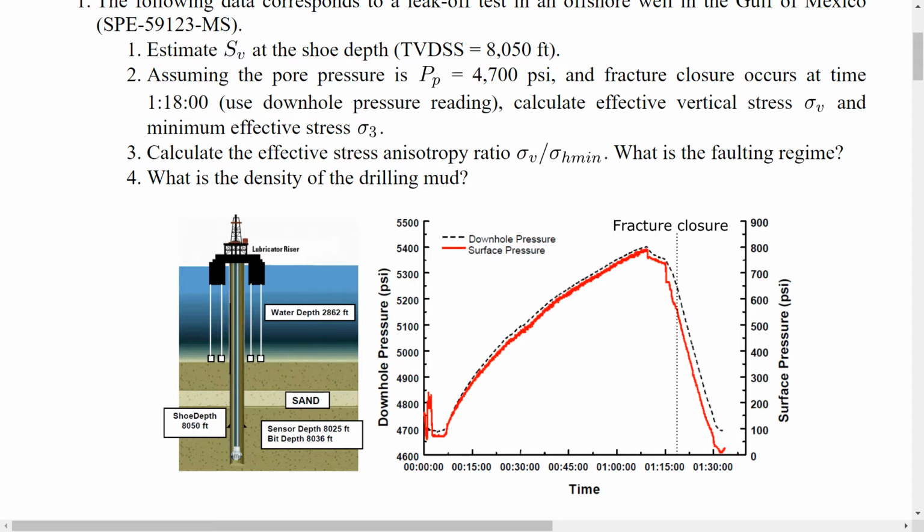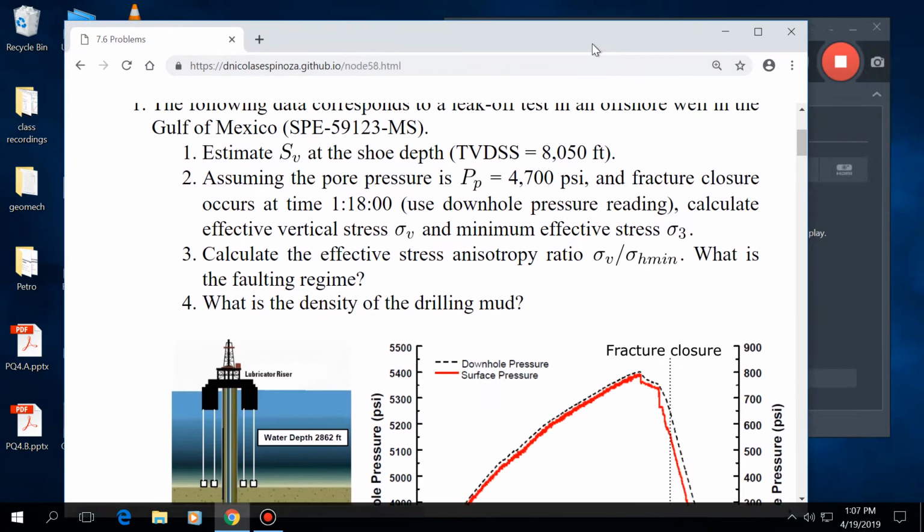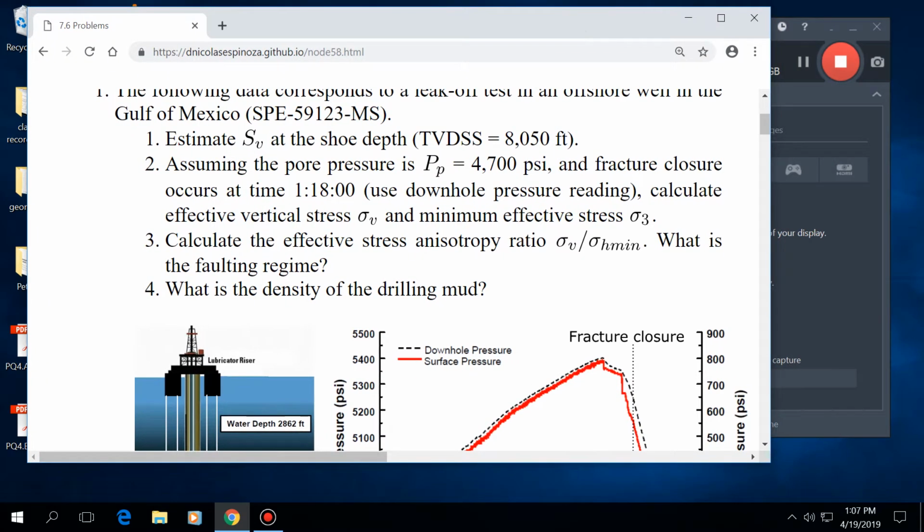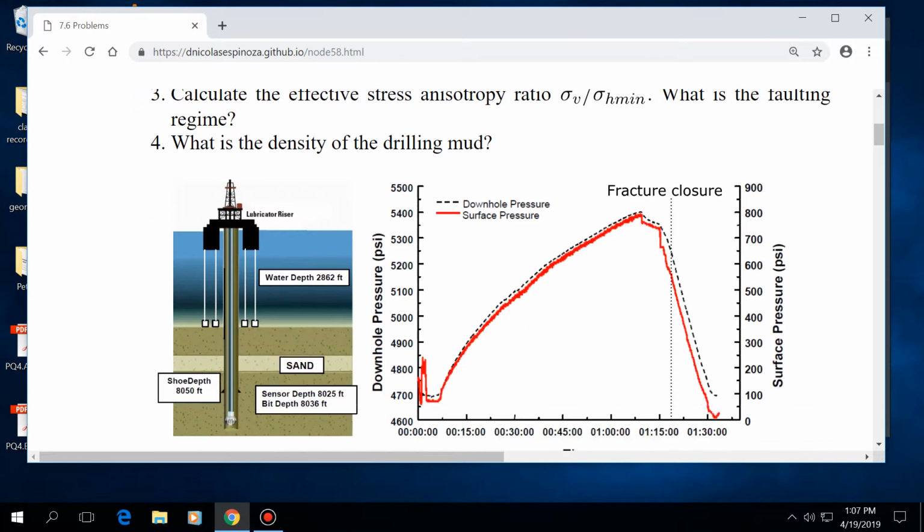Okay, I'll talk about the surface pressure in a bit, but just look at the downhole pressure, which is the black line. What do you think is going to be, according to this plot, where I'm telling you already where the fracture closure is, what is going to be the downhole pressure at that point?